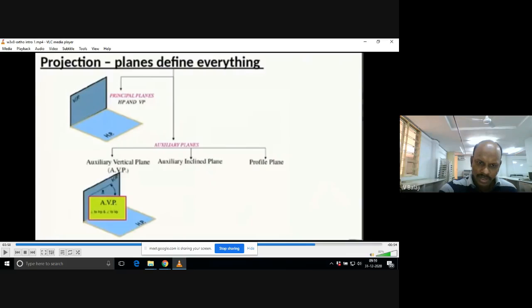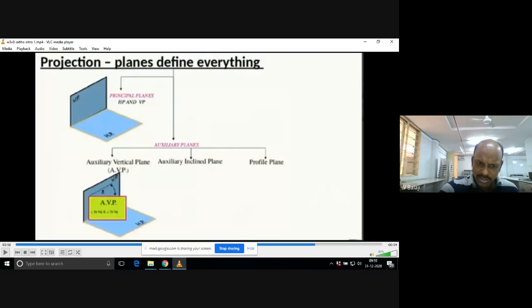Now there are so many other planes you need to learn for the future topics. I would just like to brief here. There are some other planes to represent a particular view. Sometimes not only front view, top view, and side view, some other views are also required in our drawing.